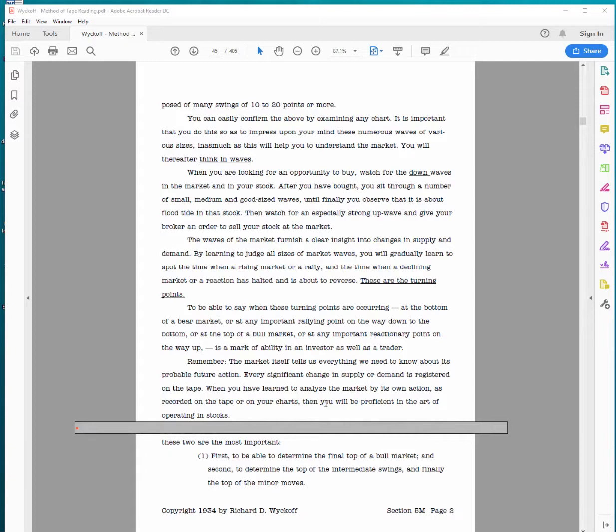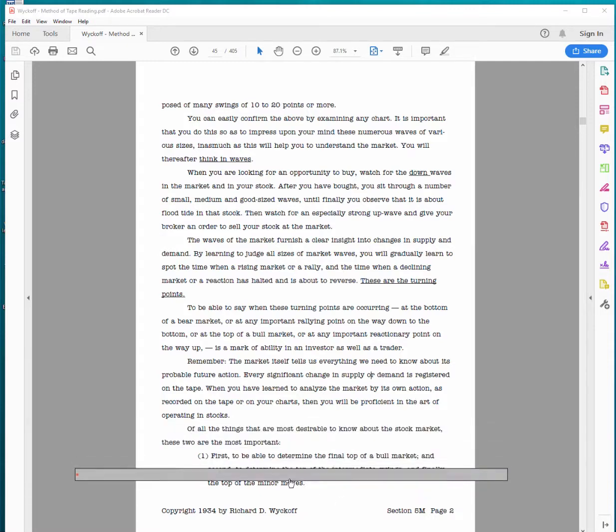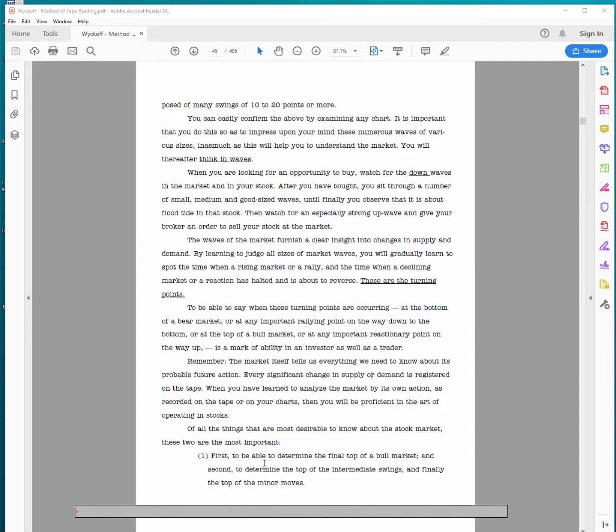These factors, looking at those waves, this will allow you to make a judgment on the relative strength, and eventually you figure out how to catch turning points. So the most important thing is to be able to catch the top and bottom of not only trends but swings, and not only swings and trends, but being able to do this on multiple time frames.